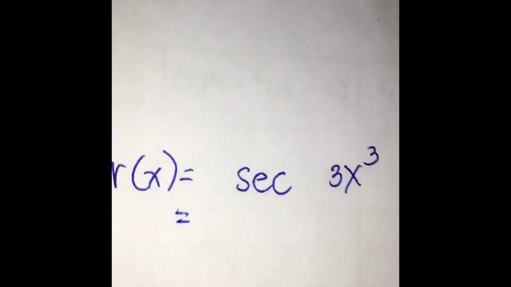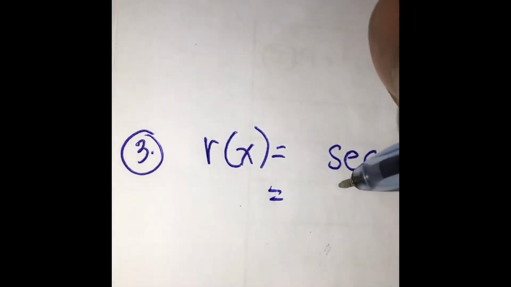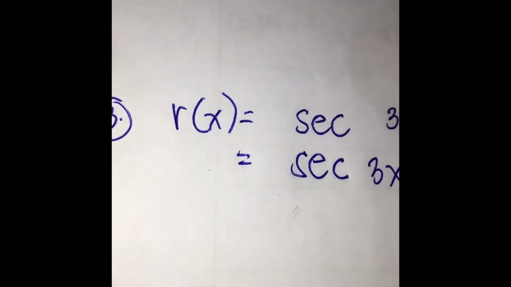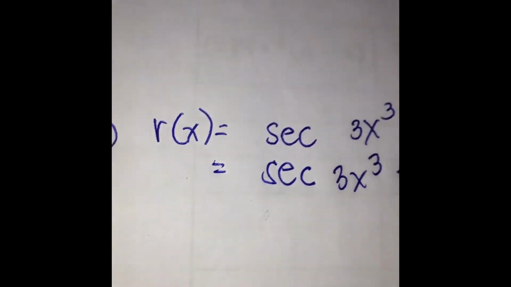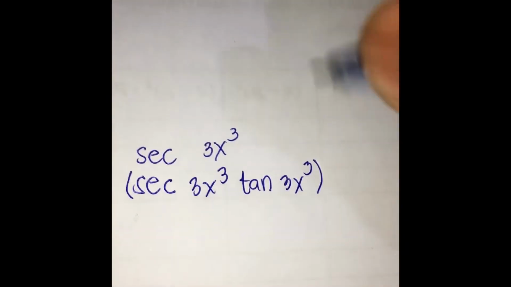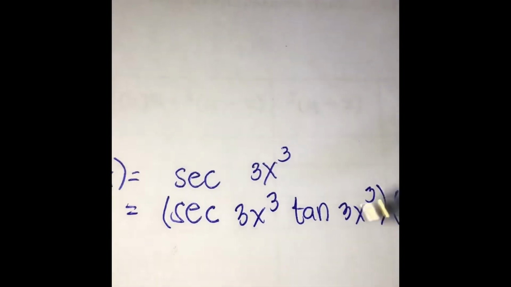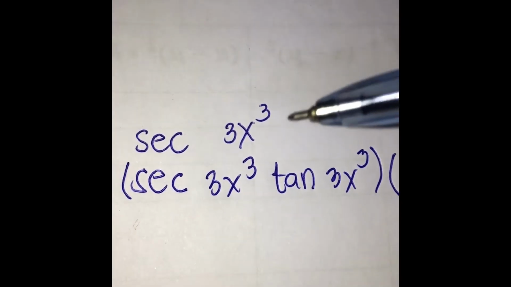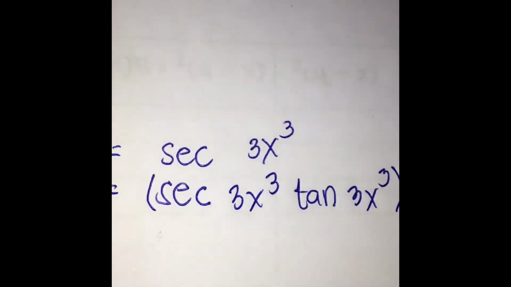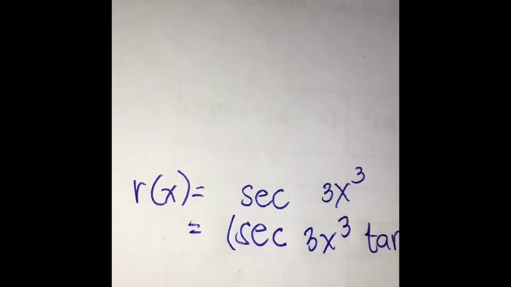So, in this problem, the derivative of secant is secant 3x cubed. Copy the base. Tangent 3x cubed. Are we done? No. You are going to multiply the derivative of your base. Your base is 3x cubed, so the derivative of 3x cubed, we have 9x squared.